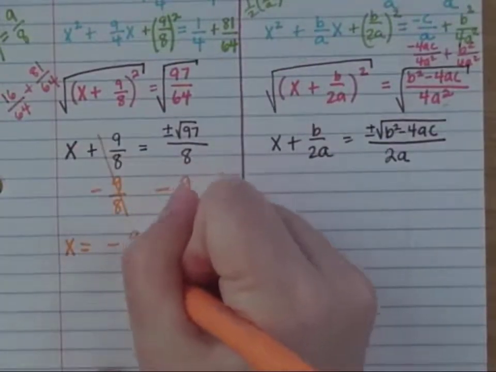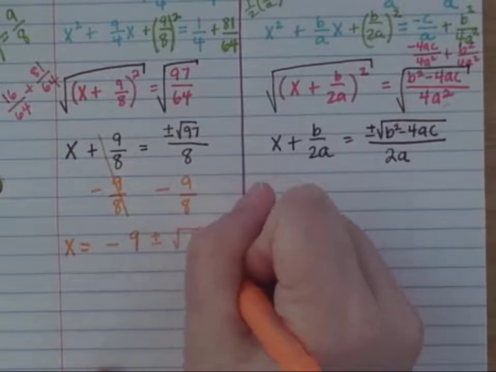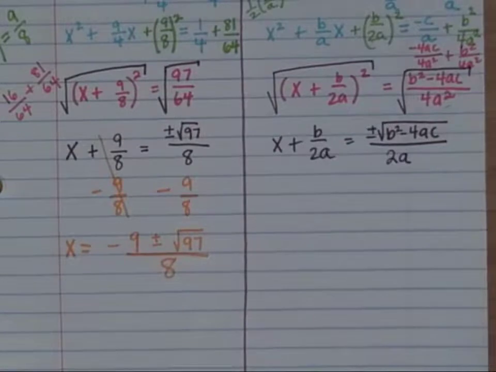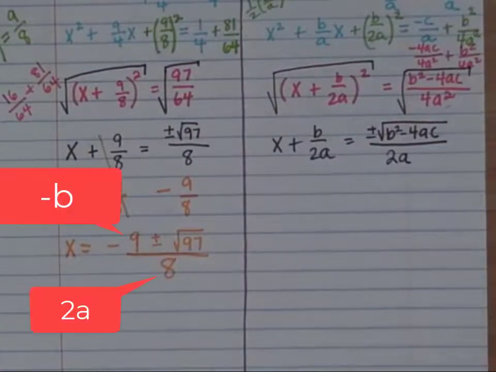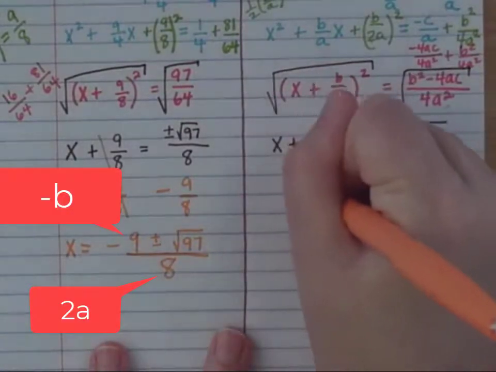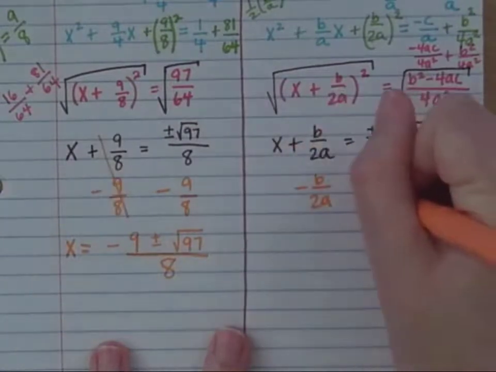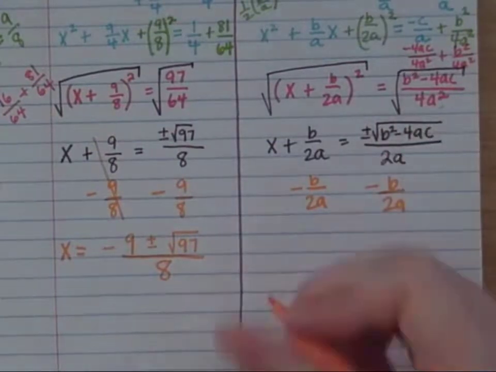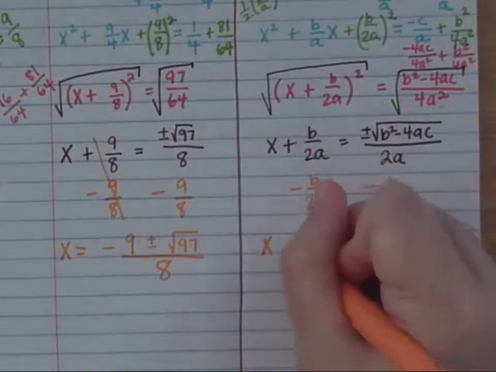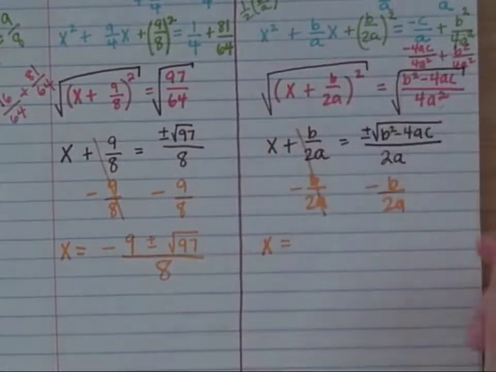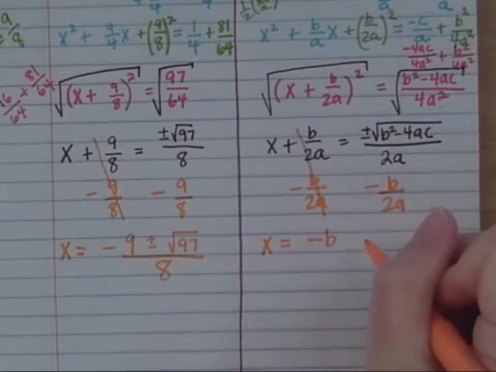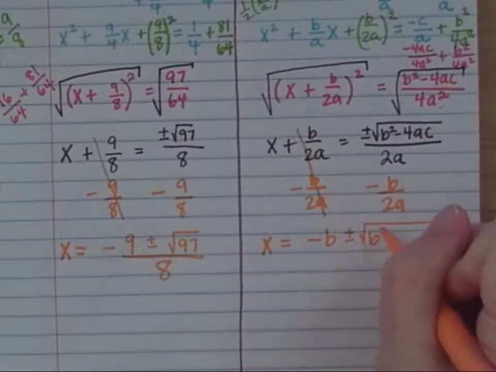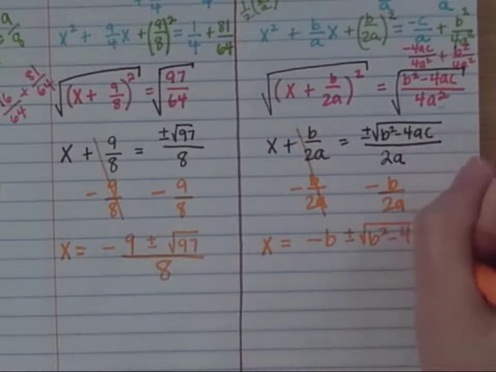Negative 9 plus or minus the square root of 97. And they're both over 8, so I can write them all over 8. In this case, negative b, okay, plus or minus the square root of b squared minus 4ac.